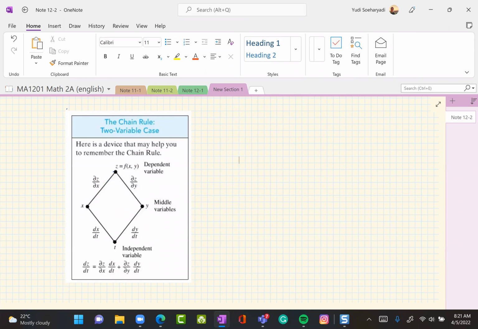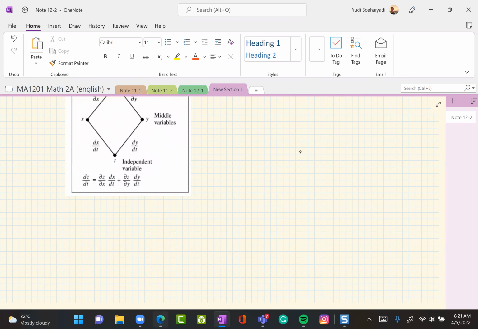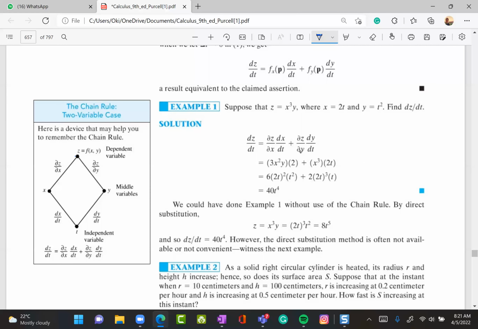Okay, so let's do some examples. I'll show you the example from the textbook first, and then we'll compute from the exercise. So z is x cubed times y, x is 2t, and y is t squared. We'll compute dz over dt.